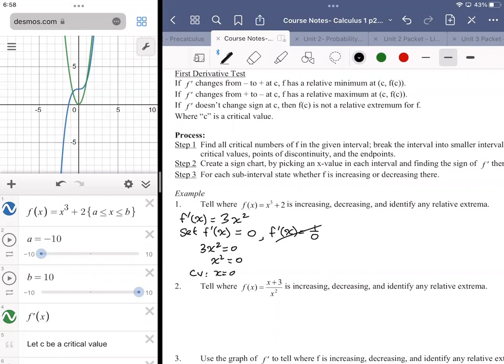So what we do is break the domain of the original function into smaller intervals based off of only the critical value, not values, but value.